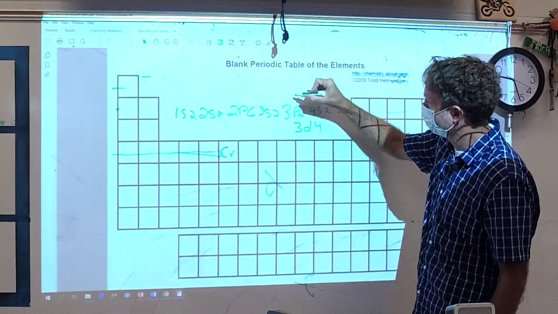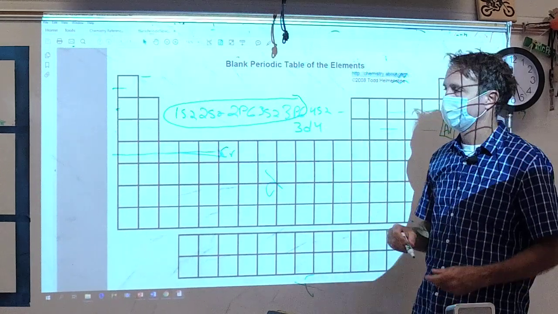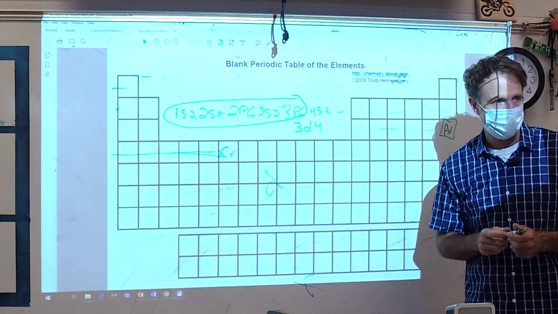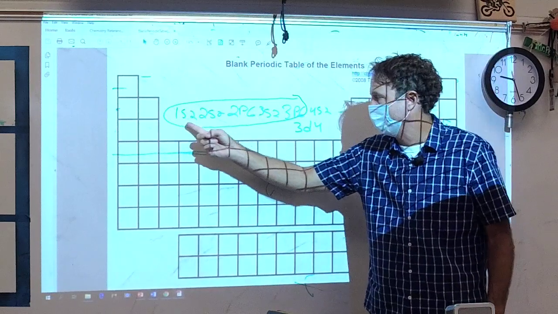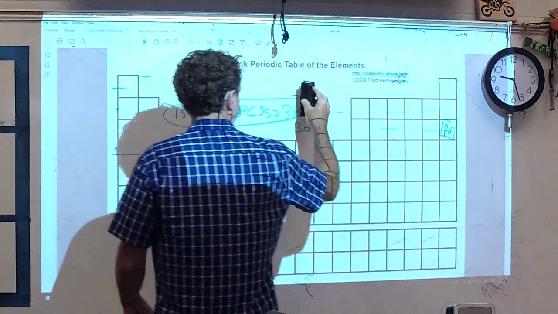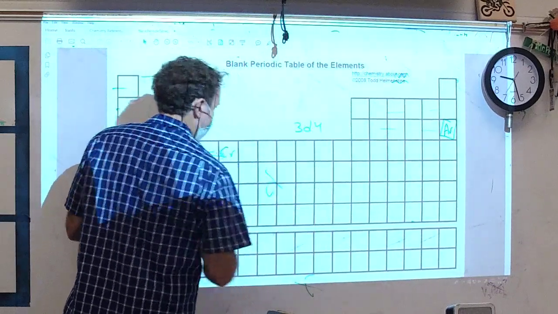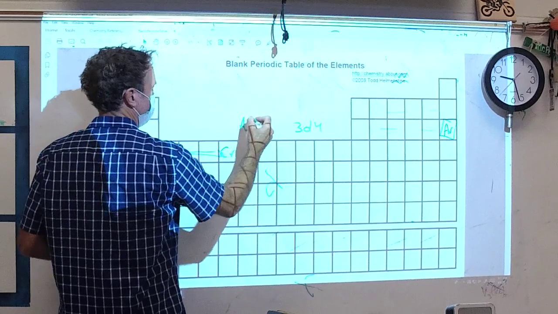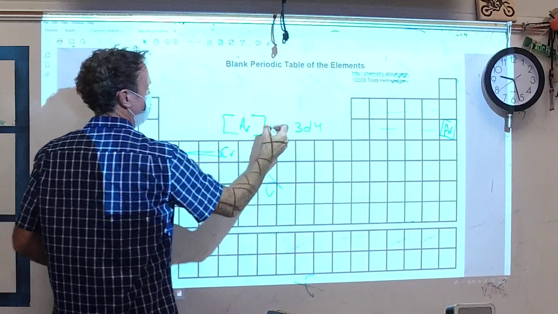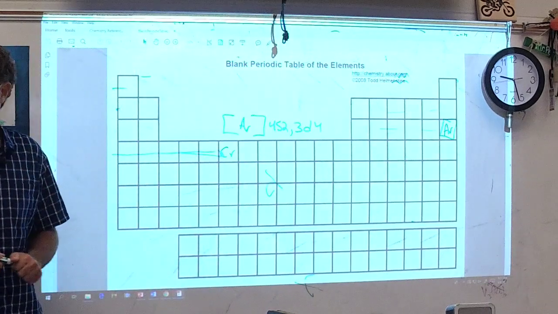Well, if you look up here, it's right here. It's 1s2, 2s2, 3s2, 3p6, right? So instead of writing all of this, 4s2, 3d4, you can just erase that and just write argon, and put it in a square bracket, 4s2, 3d4.